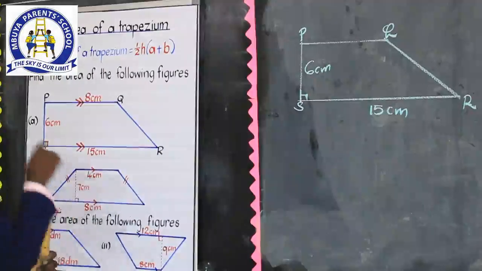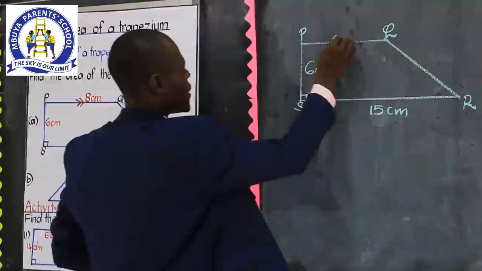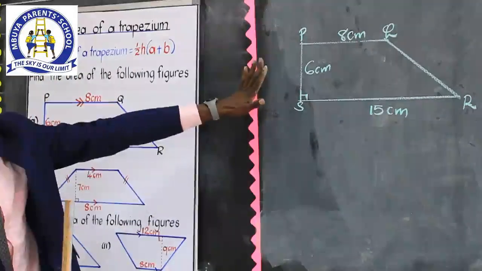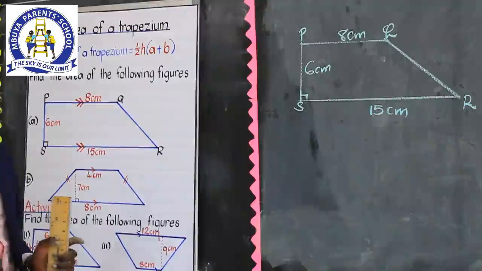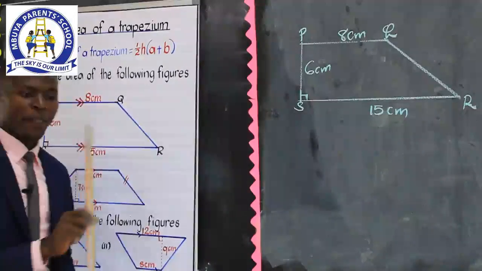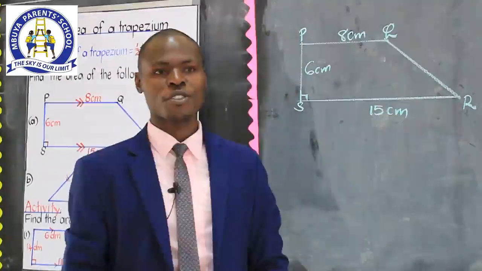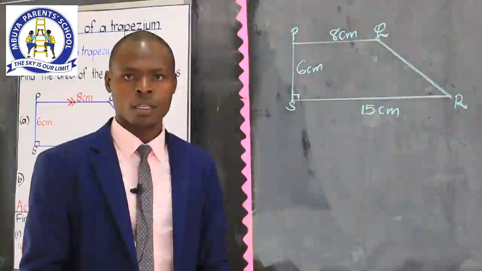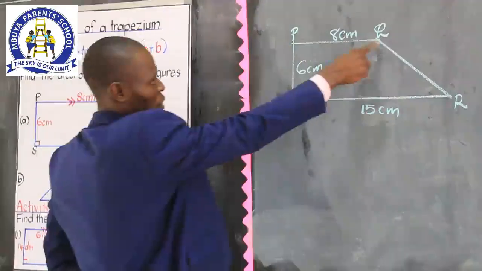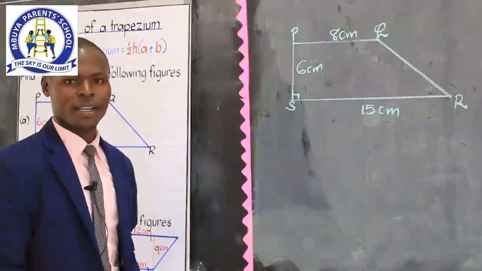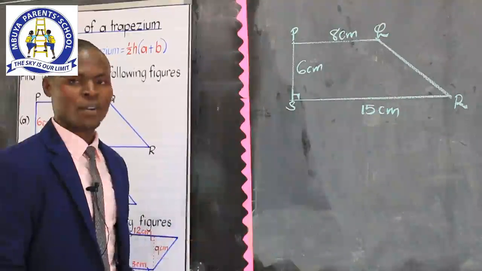And then line PQ is 8 centimeters. So at that point, we can now get area. So we are going to use the 2 approaches. At the end of it all, you will say, teacher, I found the first approach very comfortable. And at that point, we can now get the area of the figure.